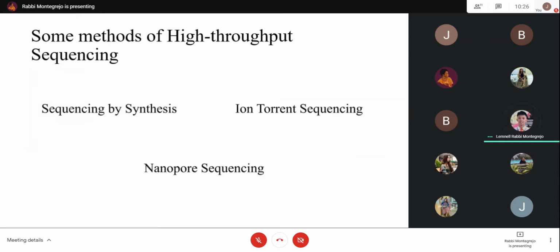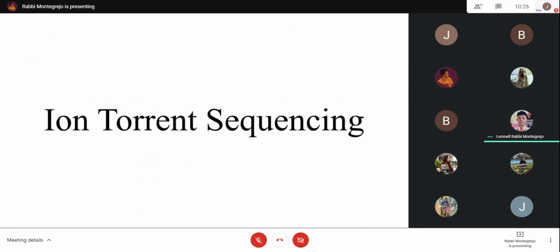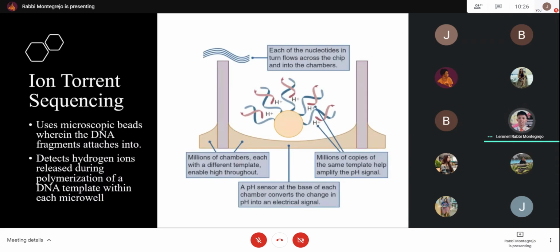Next, the next method that I will discuss is ion torrent sequencing. In many ways, ion torrent sequencing is similar to the sequencing by synthesis method, wherein ang DNA is fragmented. However, in this case, dili siya mogamit og flow cell.